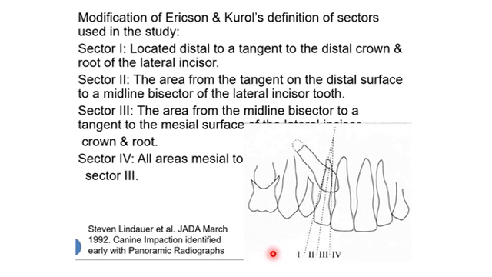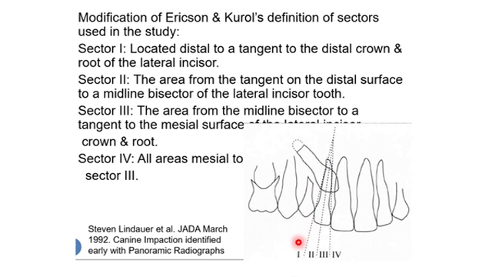Modified Erickson and Curl's definition of sectors used in the study: sector 1 is located distal to the tangents of the distal crown and root of the lateral incisors.